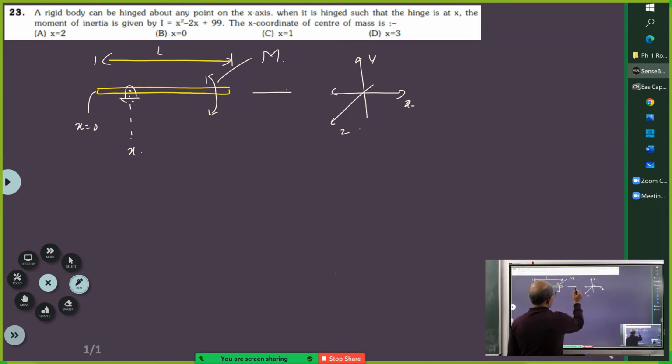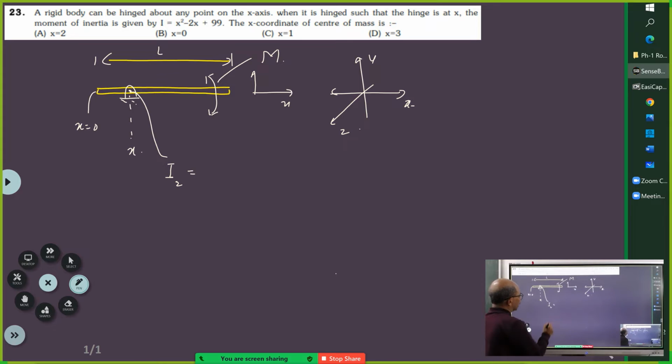Okay, so if you take this as the x-axis here, then the y-axis will be up. So therefore, the moment of inertia we are going to consider is along the z-axis. Okay, and this is what they have given. What have they given? This is equal to x square minus 2x plus 19.